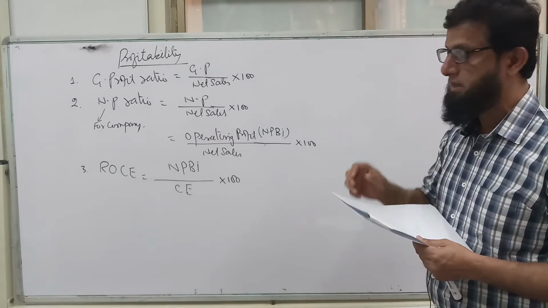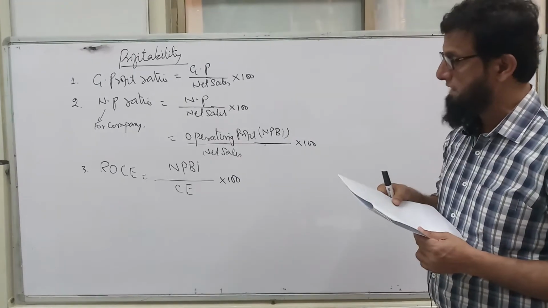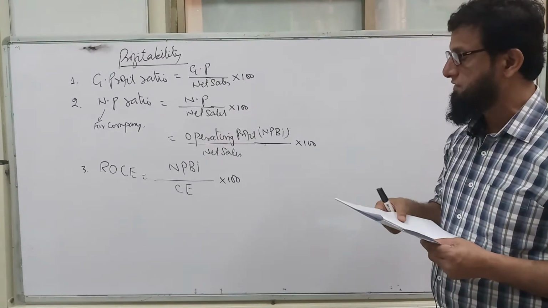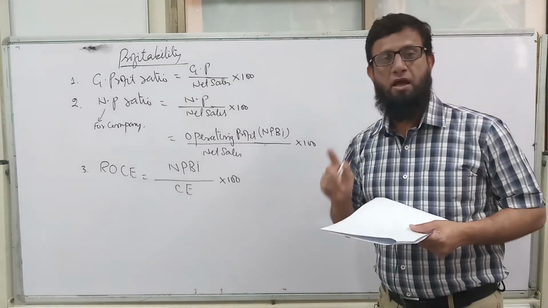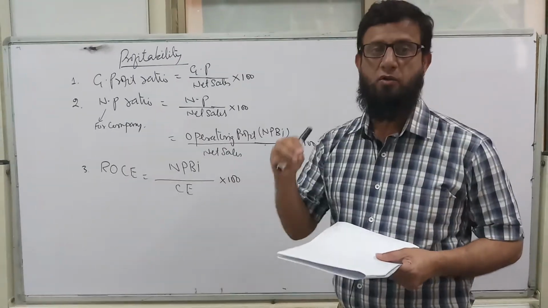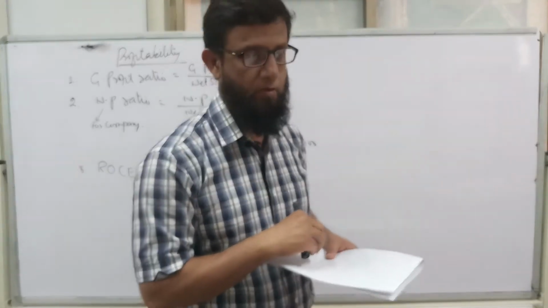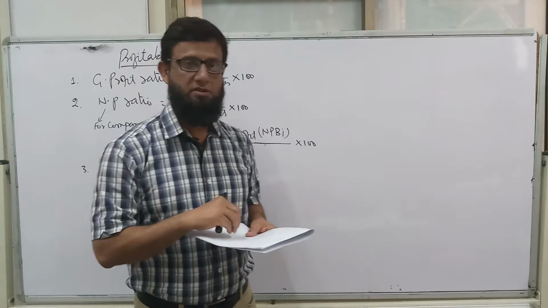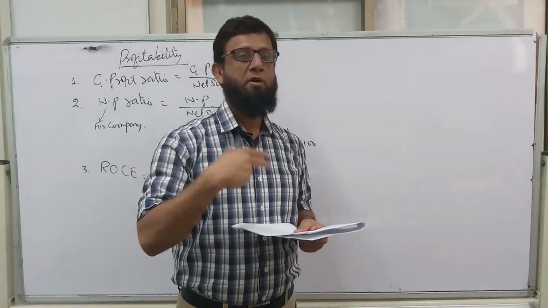How will we calculate capital employed? You can see different definitions in different books, but the main definition of capital employed is the capital which has been employed by the owner in the business. I repeat that. Capital can be employed in two ways.